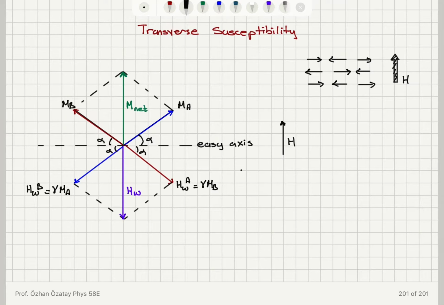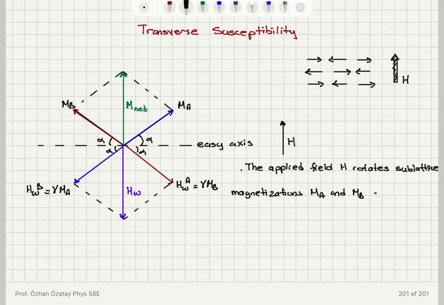So we see that the applied field H rotates the sublattice magnetizations M sub A and M sub B by an angle alpha.